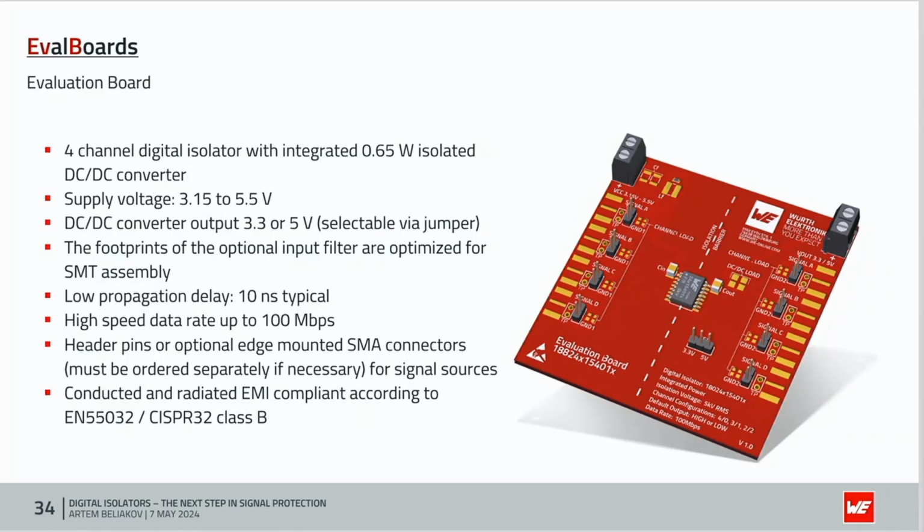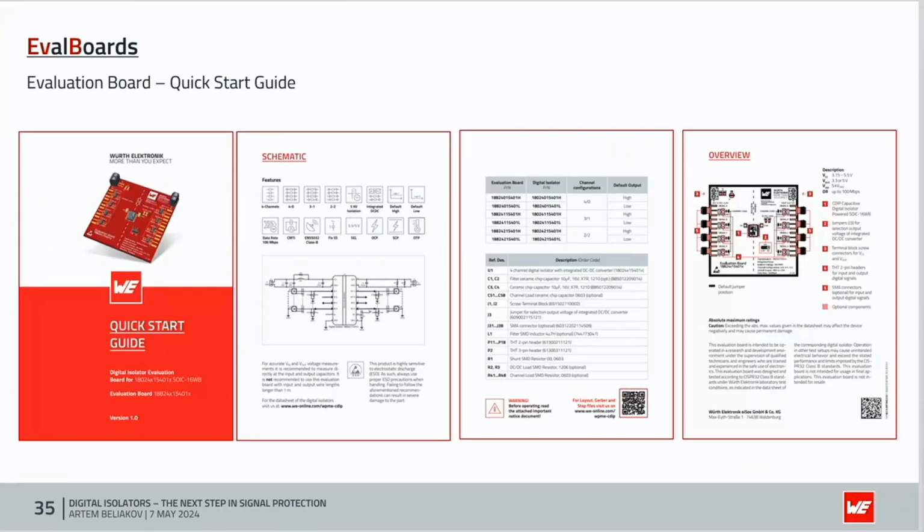But SMA connectors are optional and must be ordered separately if necessary. Also for our EVBs, we offer a quick start guide where you can find all necessary information for quick evaluation, for example, information about main features, schematic, and BOM.